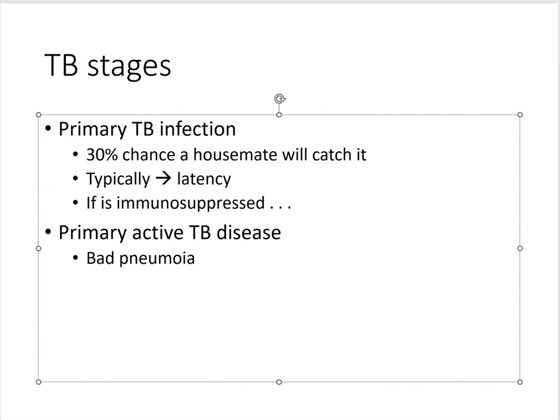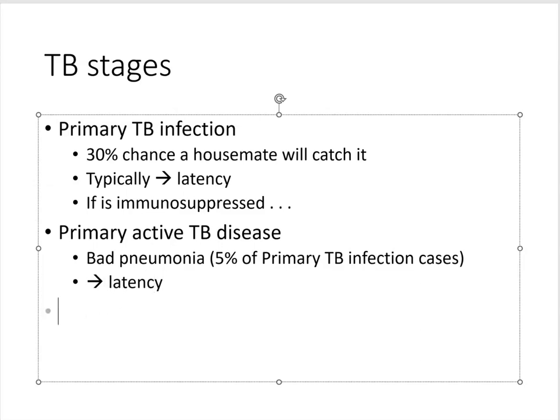And so this is pneumonia. So this happens in 5% of primary TB infection cases. And this can also lead to latency. Latency is latent tuberculosis infection.